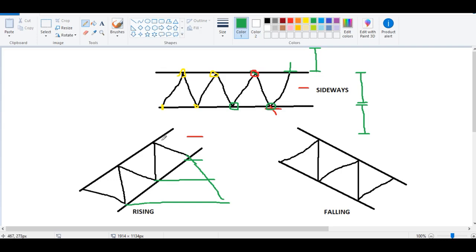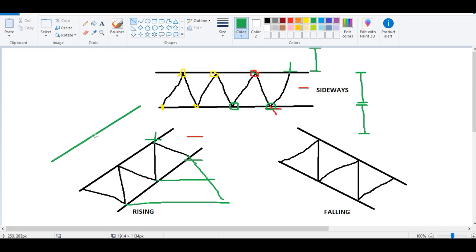Now we can also take the breakout towards the upside in a rising channel. If it breaks out towards the upside, I will enter on the breakout and keep my stop loss at the midpoint. The target in this case is slightly tricky, but we need to keep it equidistant to the width of this channel.